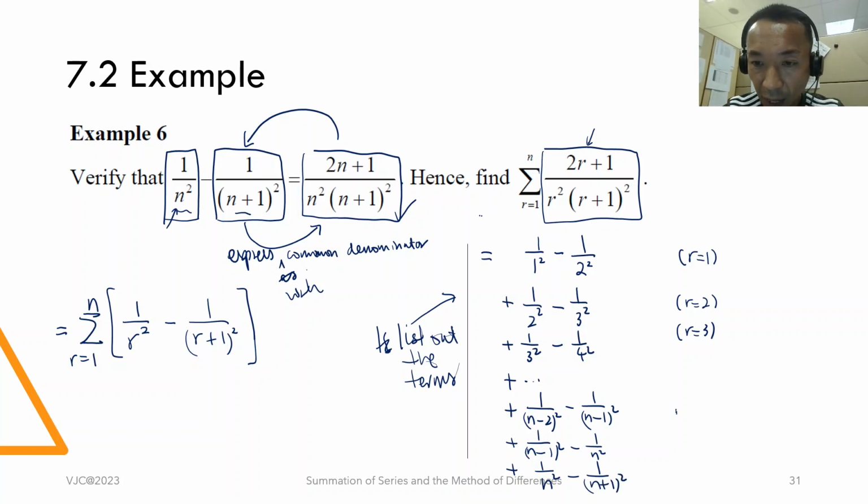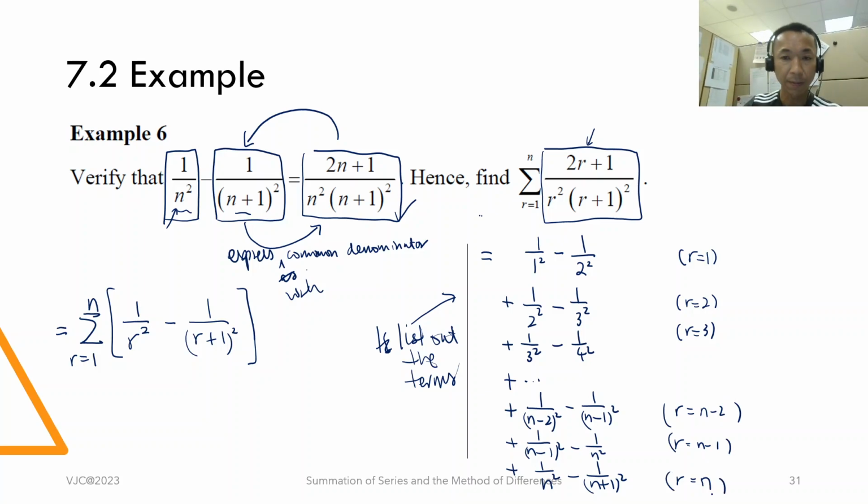This is when r equals to n minus 2, r equals to n minus 1, and r equals to n. Now, here is important. I want to emphasize a few things. I apologize for the lousy handwriting, but important is for every value of r, you write 1 line. The first three lines, and the last three lines.